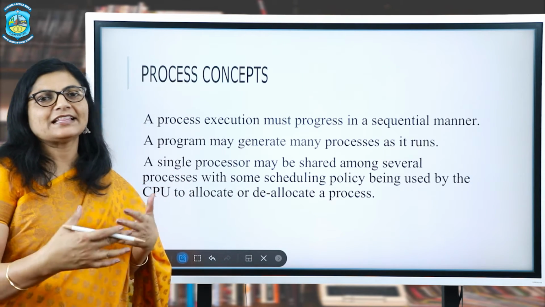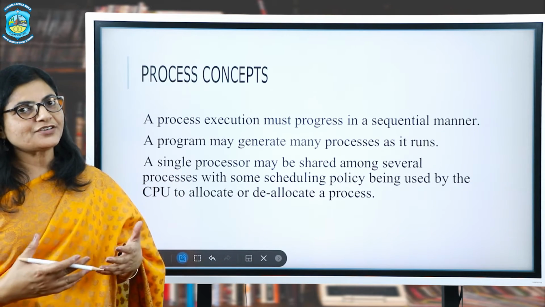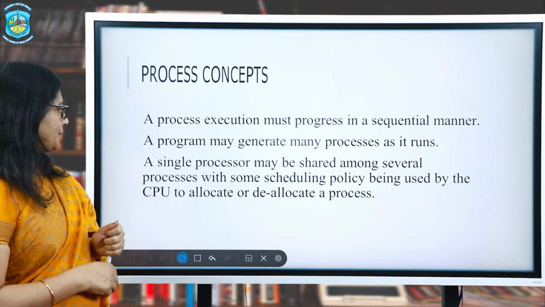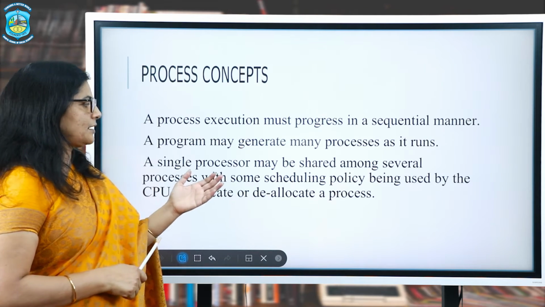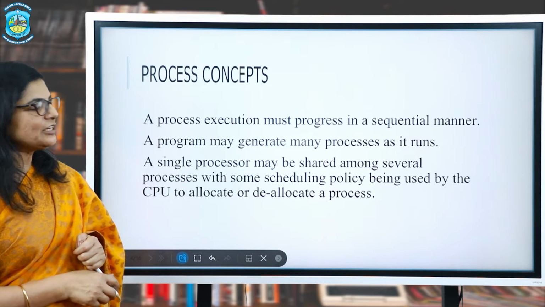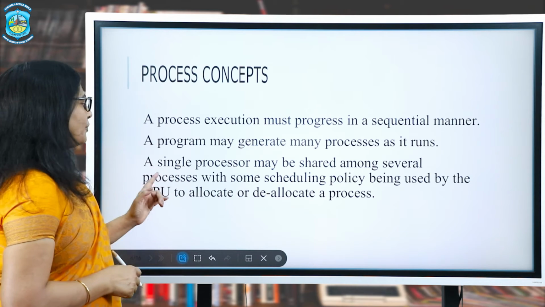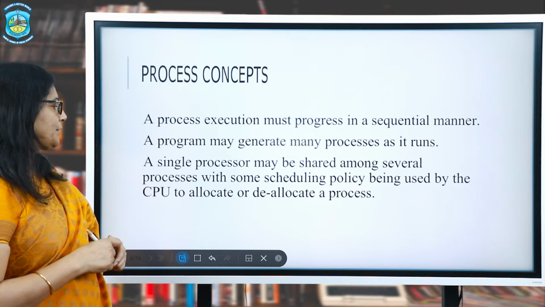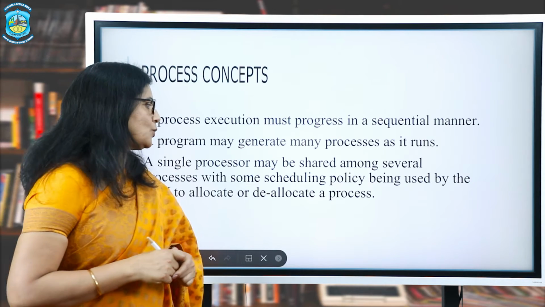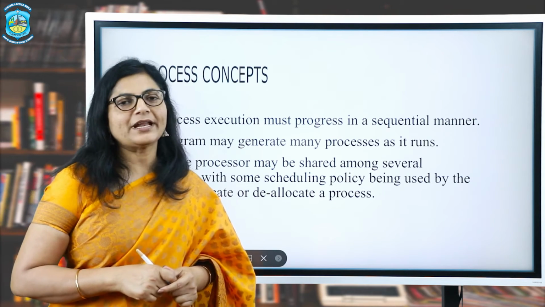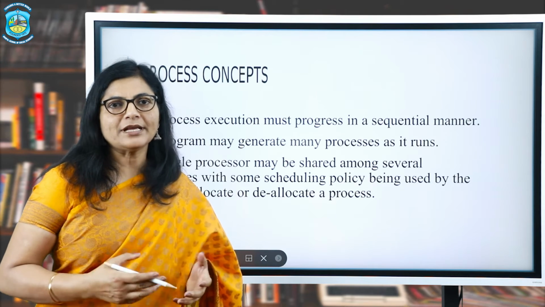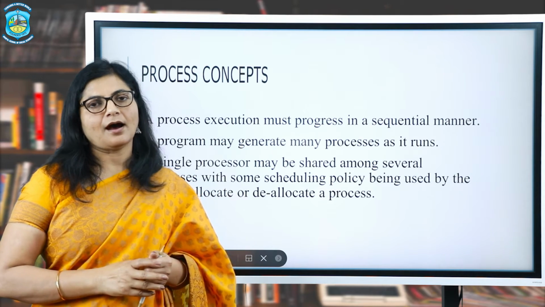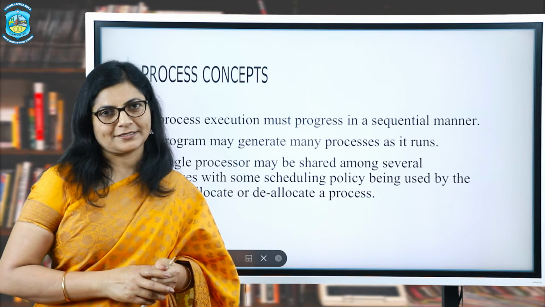So that is why we say that operating system can generate many processes from a program. A single processor may be shared among several processes with some scheduling policy being used by the CPU to allocate or deallocate a process. Operating system uses a scheduling policy to allocate or deallocate a process to the processor.